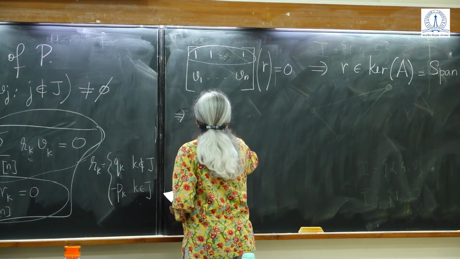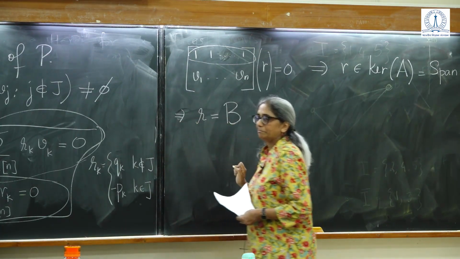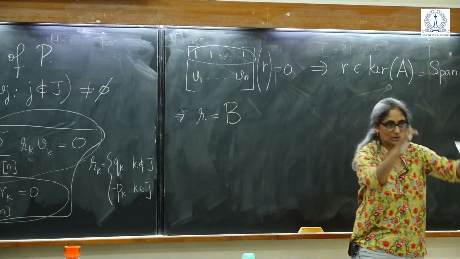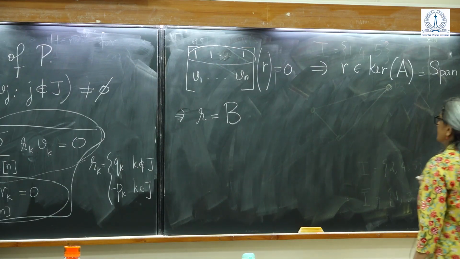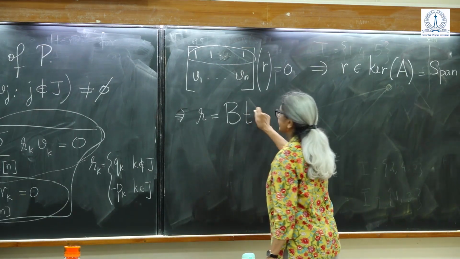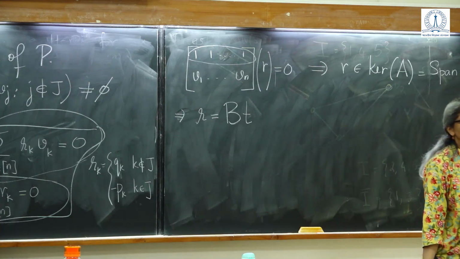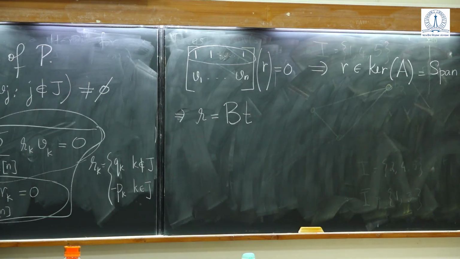This means R is equal to B, which is like a long matrix. I want a combination of its columns to become R. R lies in the column span of the B matrix, so it's B times something. Let's call it T. So because R lies in the kernel of A, it looks like this. Yeah? Good. We're almost done.